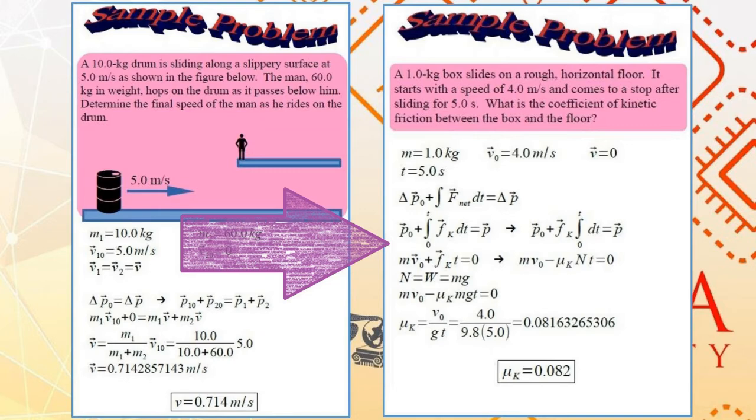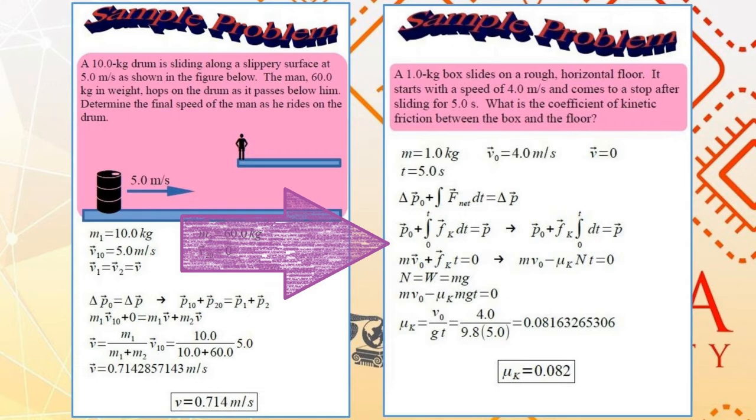Initial momentum plus impulse due to the net force is equal to final momentum. And the impulse is due to the kinetic friction, so the integral of f sub k dt.